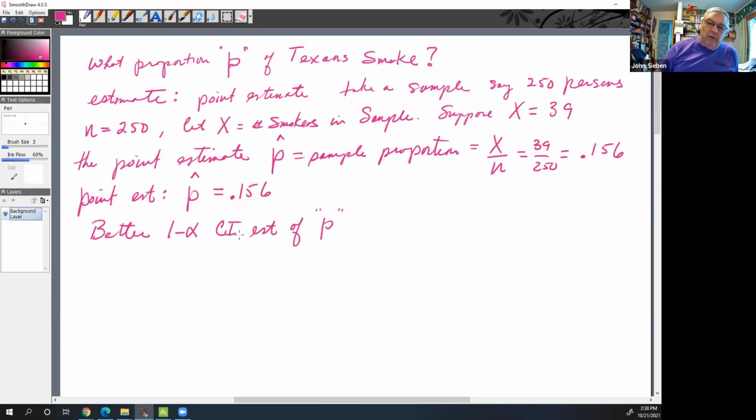And we found out on Tuesday that interval would be P hat plus and minus E, where E is called the margin of error.